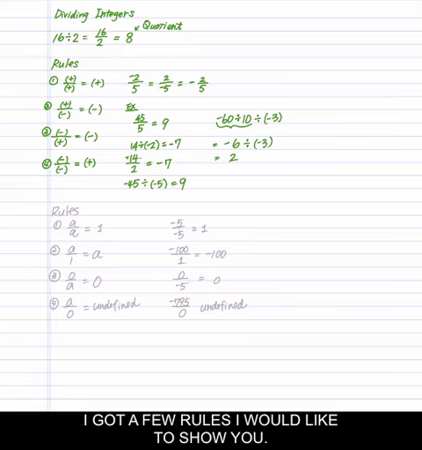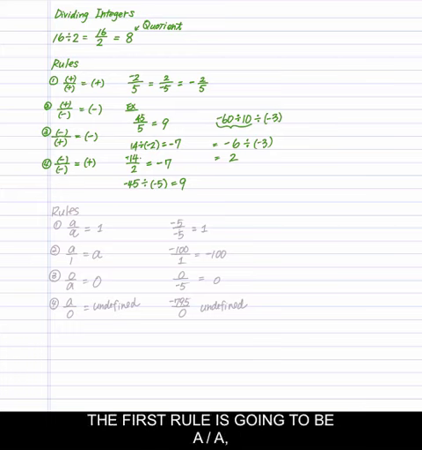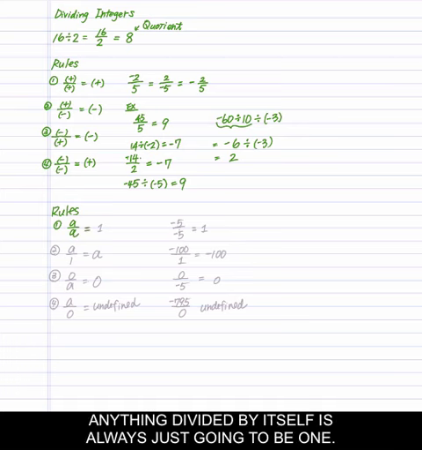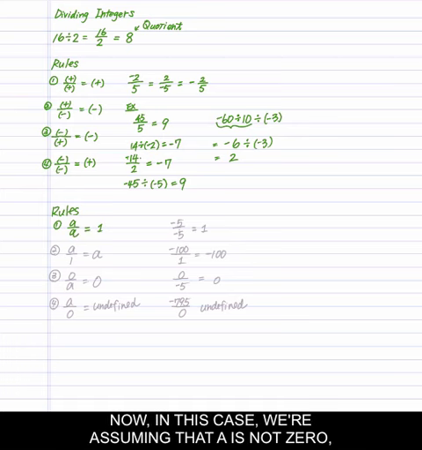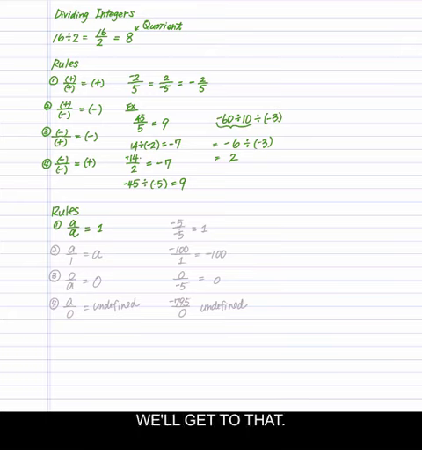All right, I got a few rules I would like to show you. The first rule is going to be A over A. Anything divided by itself is always just going to be 1. Now in this case we're assuming that A is not 0. We'll get to that.